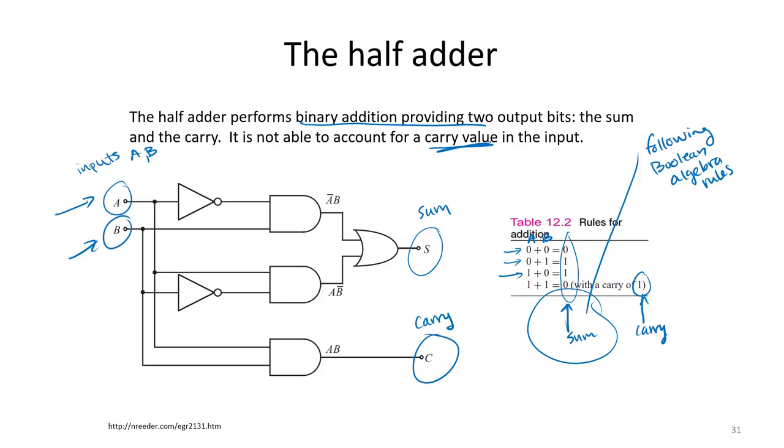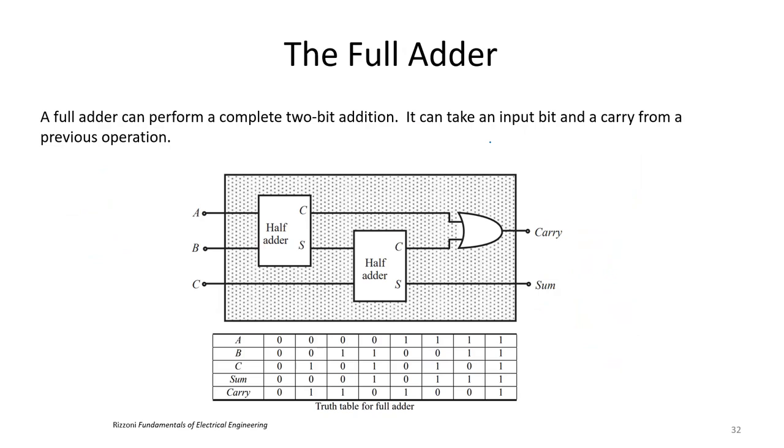But if we look back at our Boolean algebra rules from earlier, sometimes we do need to account for a carry value when we are doing math. And so in order to compensate for that, we also have this circuit called a full adder. And the full adder can actually perform that complete 2-bit addition.